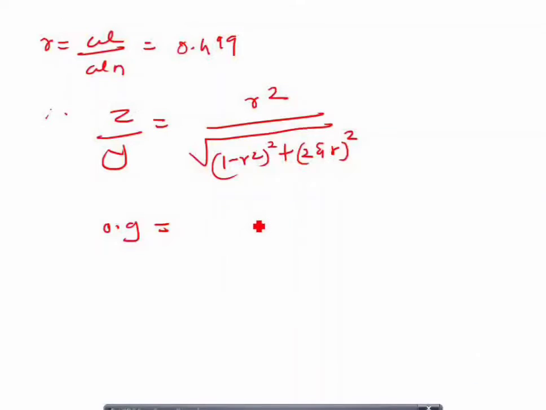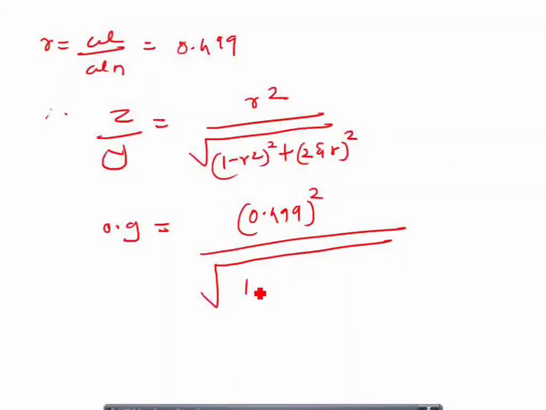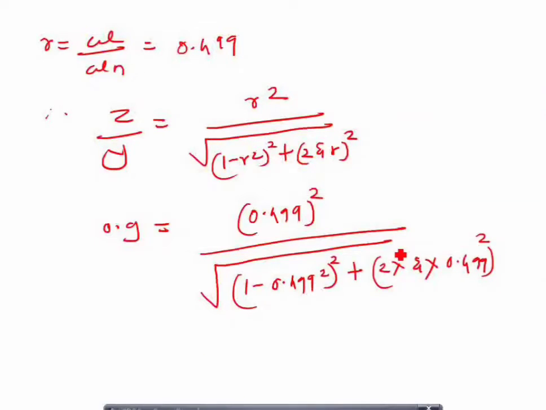So 0.9 is equal to 0.499 squared divided by square root of 1 minus 0.499 squared, bracket squared, plus 2 into zeta into 0.499, bracket squared. You can put this into the calculator and solve for the unknown, zeta.